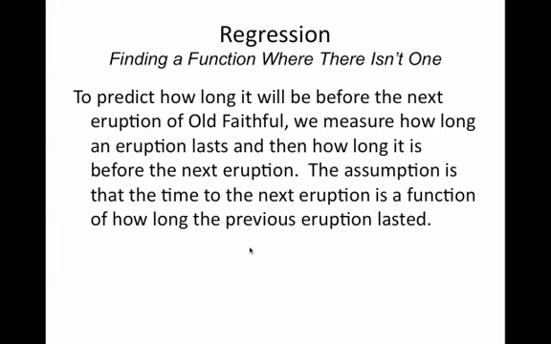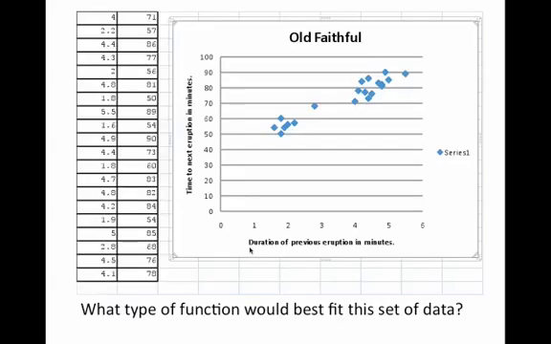In order to do that, we're going to measure how long an eruption lasts, and then measure how long it is before the next eruption comes. Our assumption being that the time it takes for the next eruption to occur is a function of how long the previous eruption lasted. So let's take a look at some dirty data.